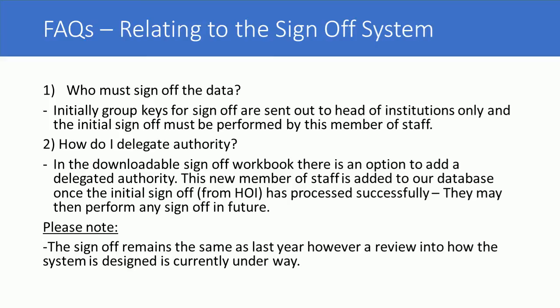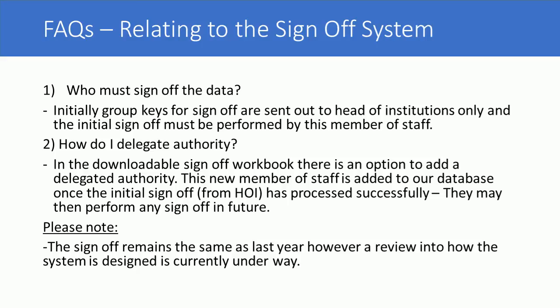Another common question is, how do I delegate authority? A delegated authority can be added by filling in Table 2 of the sign-off workbook. Please note that a delegated authority can only be added when the head of institution is performing the sign-off attempts.